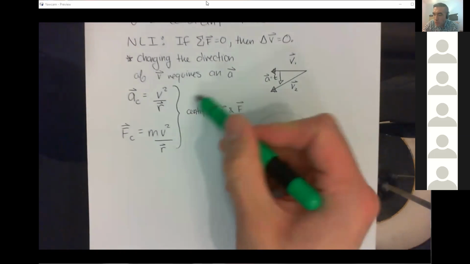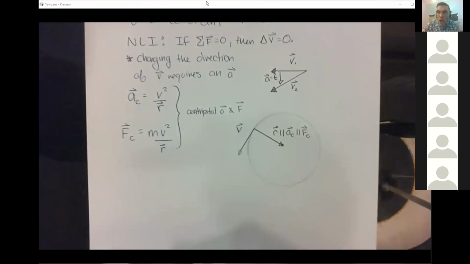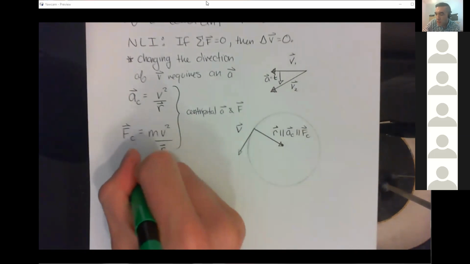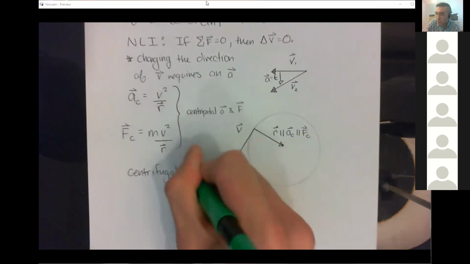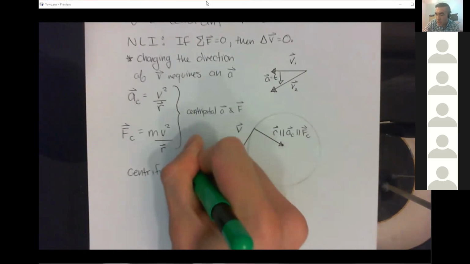So the word centripetal applies to the force driving the motion, whereas the centrifugal force is a fake force.